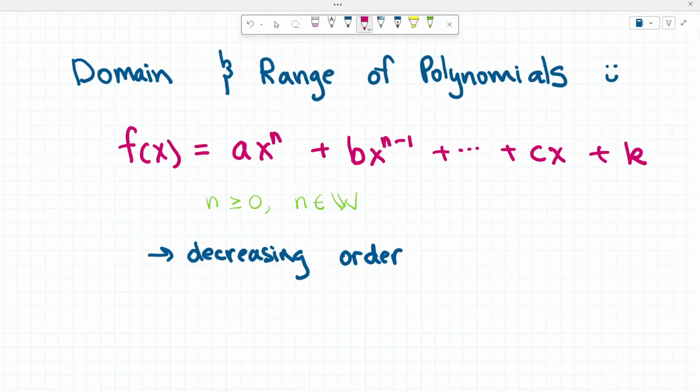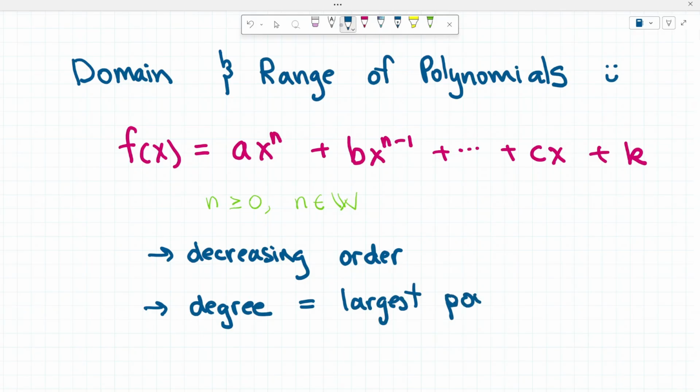Sorry about that. So we write them in decreasing order, and we also note that the degree of the polynomial equals the largest power of x. So that means pretty much whatever your largest n value is, that's going to be the degree.